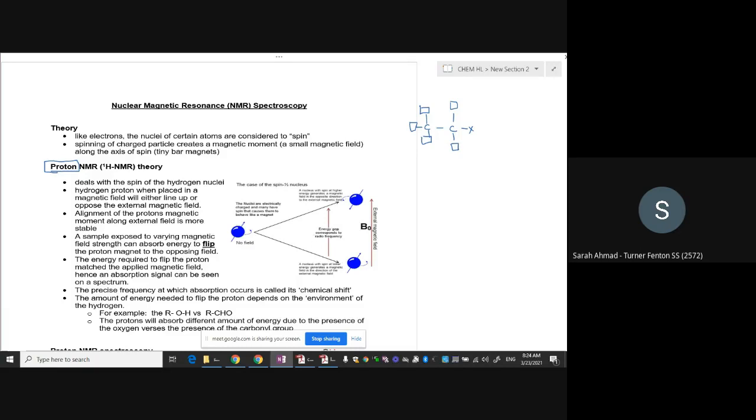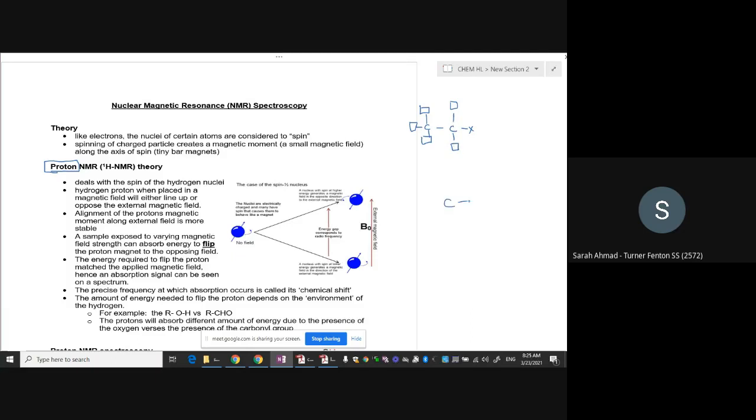So the idea is you shine varying amounts of radio waves on the sample, and depending on the type of hydrogen environment, it will absorb a certain energy. So we talk about hydrogen environment.